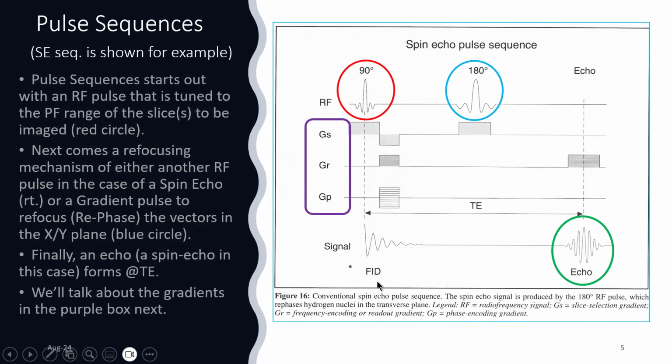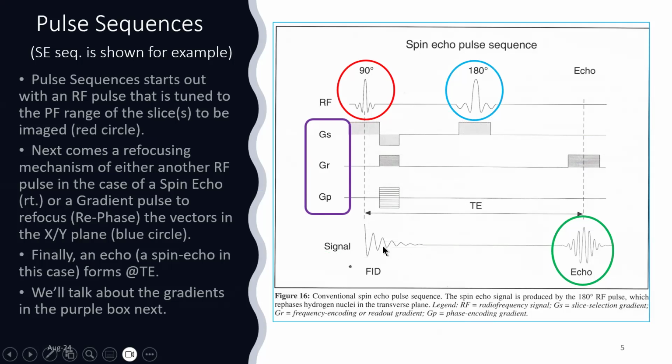Okay, we talked yesterday about FID, free induction decay. So when we turn off the RF, that's when these guys initially spread out. We don't capture this signal. It happens too quick and it's too small and it's only half the echo anyway. So it happens and we don't collect it.